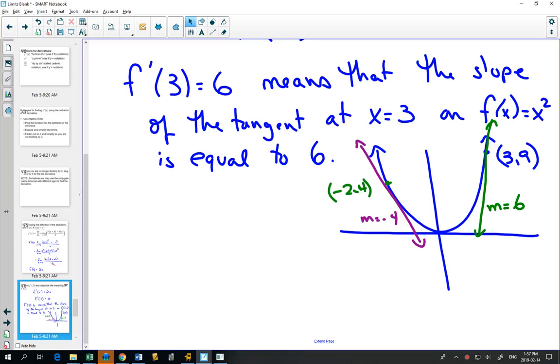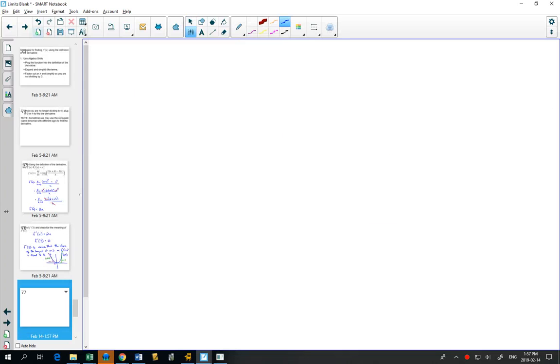So let's look at how we've gotten to this point, what we led up to. And we're going to use x squared and 3, 9 as our example. Okay? So f of x equals x squared at the point 3, 9.